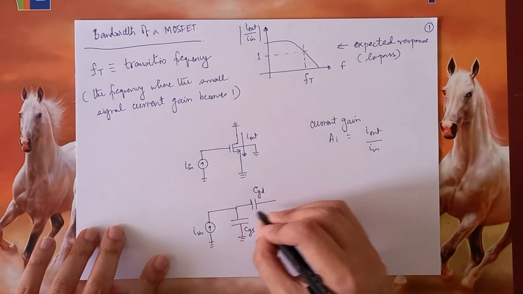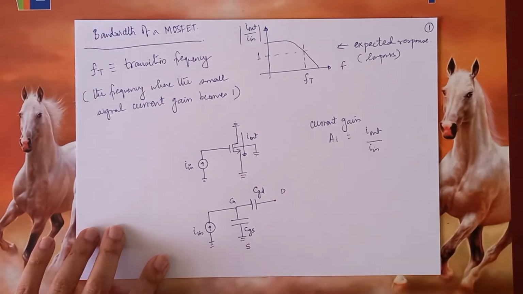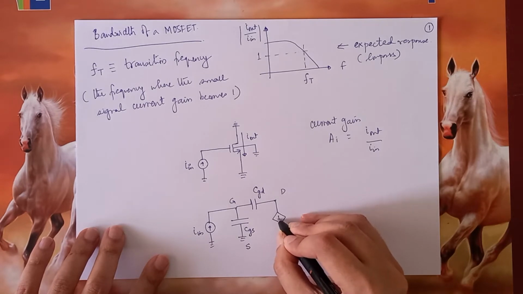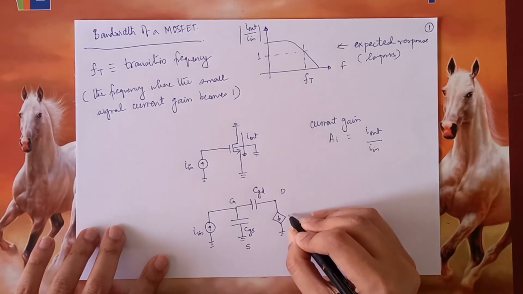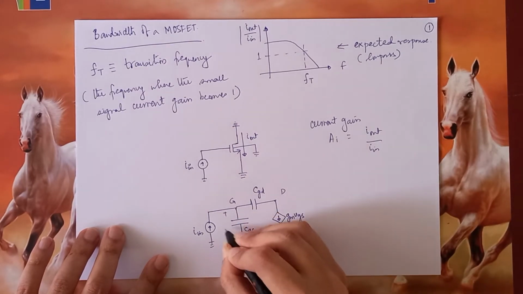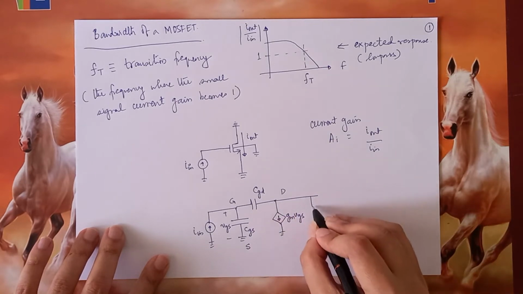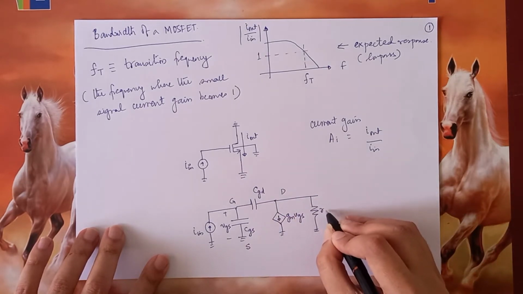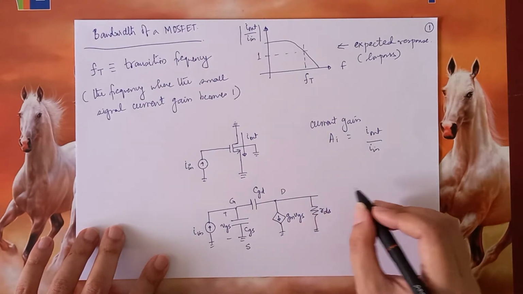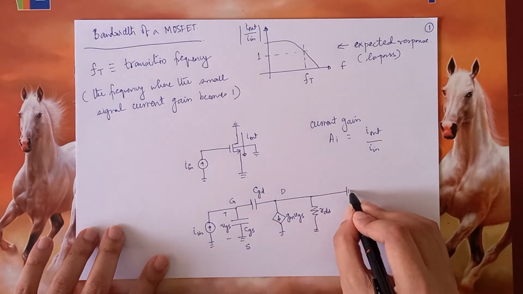And this is the gate, this is the drain, and this is the source. As you know, there's a current GM VGS, where VGS is essentially this voltage. Then in parallel, we have the RDS. And then the drain is also at AC ground. So this is what we can show.